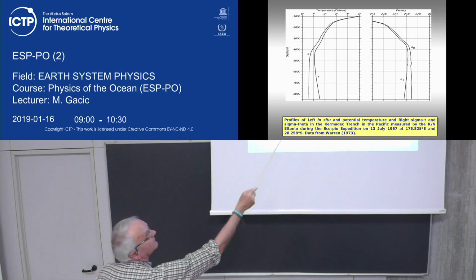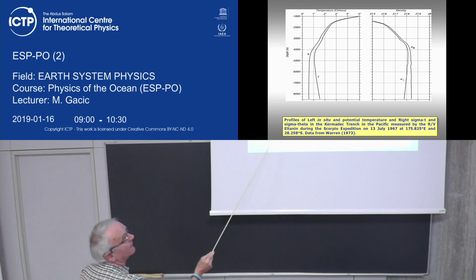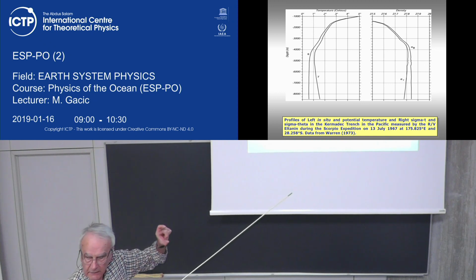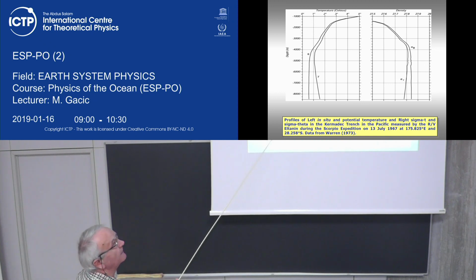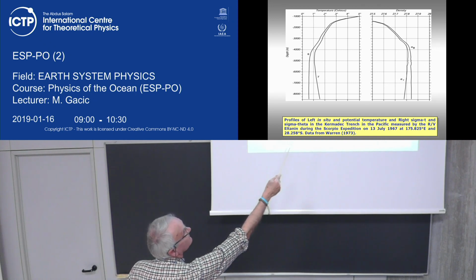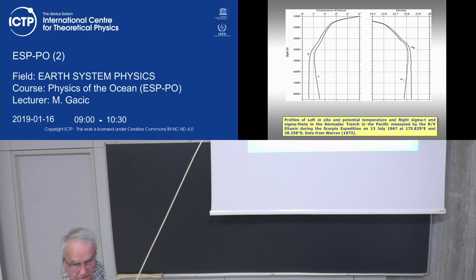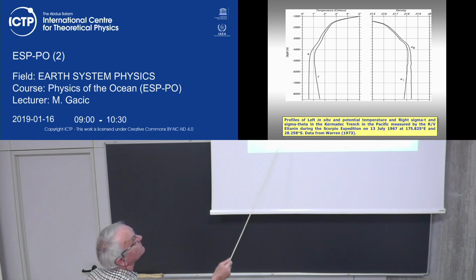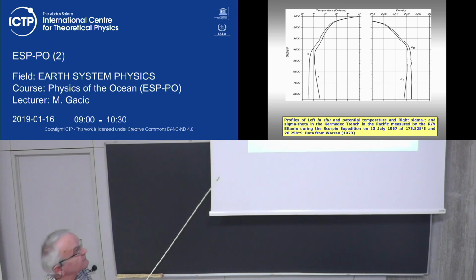This is from 1,000 meters to 8,000 meters, and we didn't take into account this very surface part. You can see that the temperature at 1,000 meters is like 5 degrees Celsius, and it goes to about 1 degree Celsius.